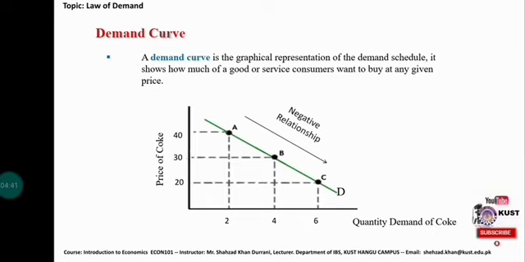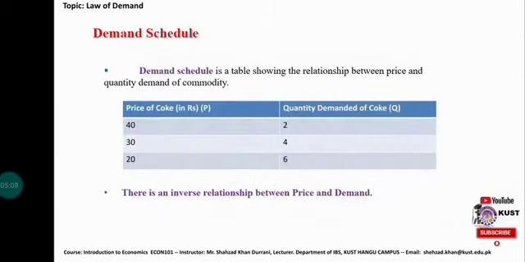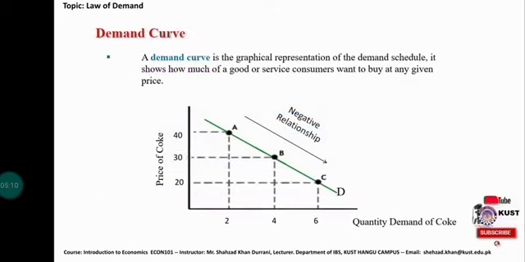Now look at the graph. In the graph you can see the price of coke on the vertical axis and the quantity demanded on the horizontal axis, or the y-axis and the x-axis. The quantity demanded is 2, 4, 6 and the price of coke is 20, 30 and 40. We can plot this table on the graph.